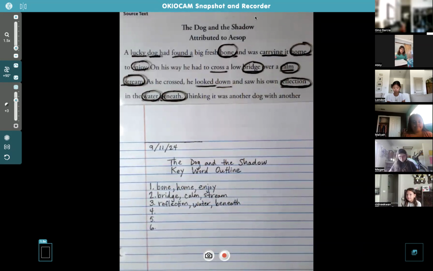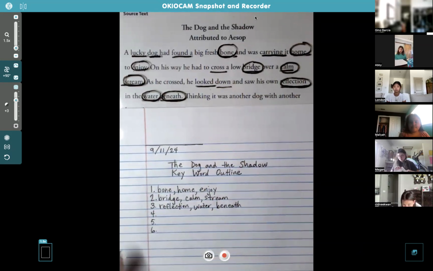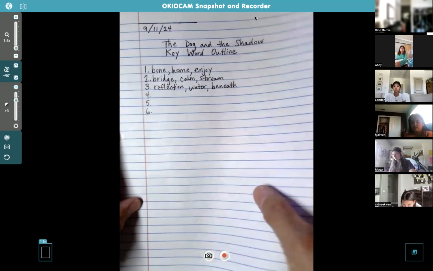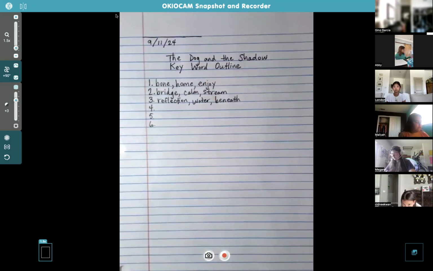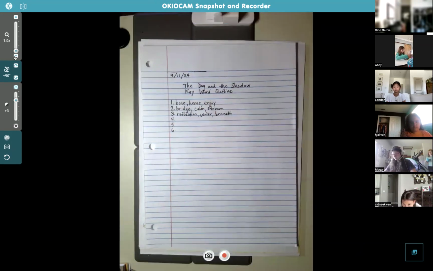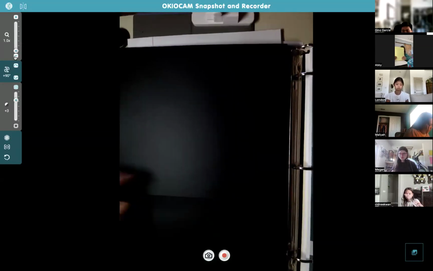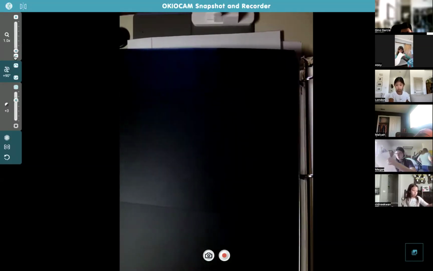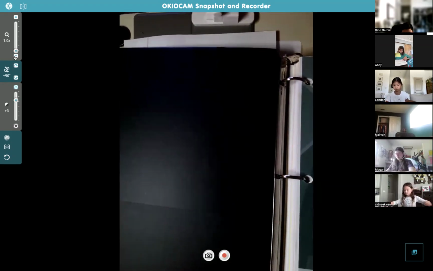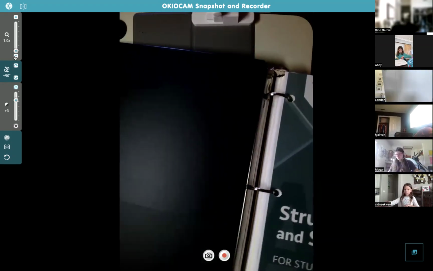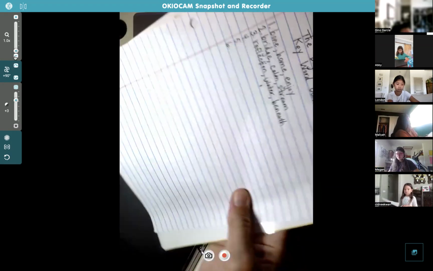So these papers, I want you to put in a big stack here, put them all together. And then I want you to keep these in the front pocket of your binder. So, you know, when you open your binder here, there's a little pocket on the inside. I want you to just stick everything in that front pocket right here. Let me show you what it looks like.